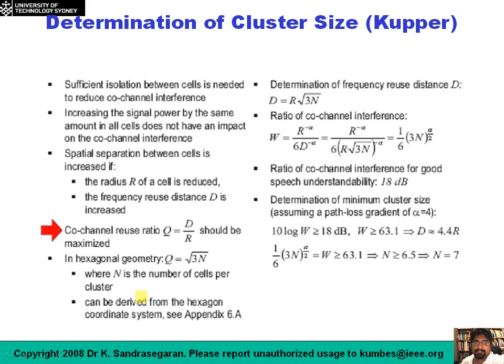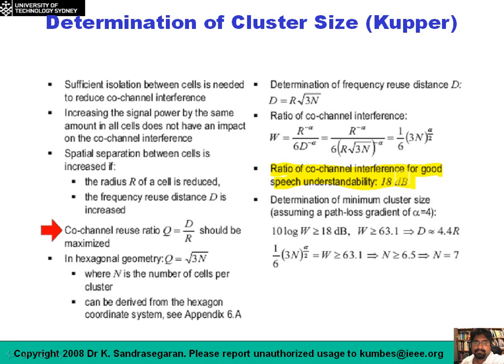The important point is that to get good quality speech, you need a carrier to interference ratio of about 18 dB. That's the normal number that is used.